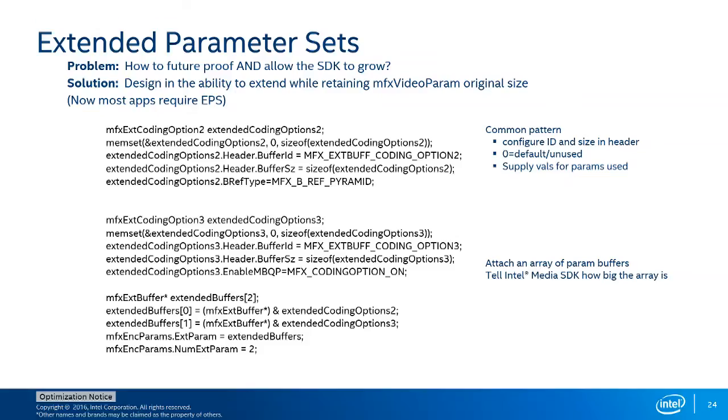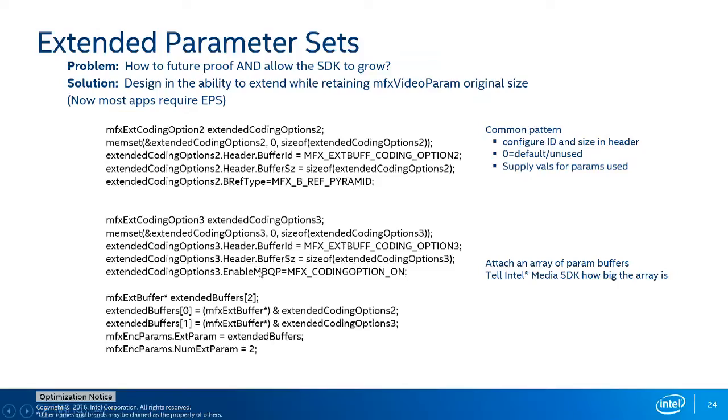I want to mention this because it's pretty common now for new features to be implemented as extended parameter sets. This approach allows MFX video param to stay the same size as Media SDK features grow. So instead of changing the struct between versions, you just attach additional parameter buffers.